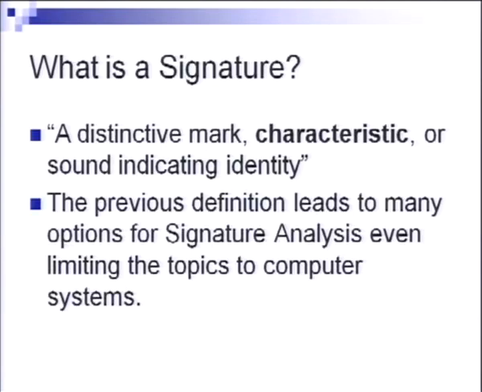One of the dictionaries online has a signature being a distinctive mark, characteristic, or sound indicating identity. If we're looking for malicious code, obviously a sound isn't going to help us a lot. Distinctive mark, maybe, but characteristic is what we really need to look for. So some kind of a behavior that is represented statically.